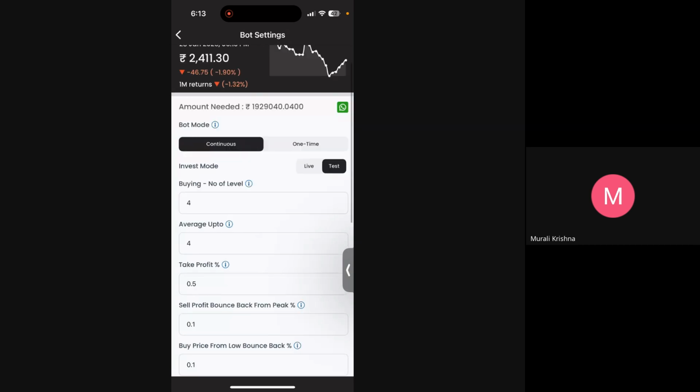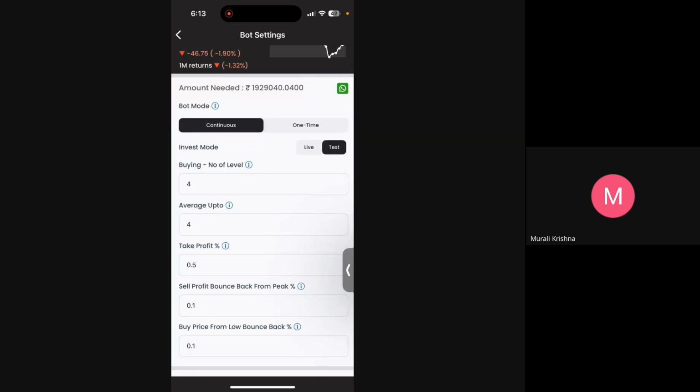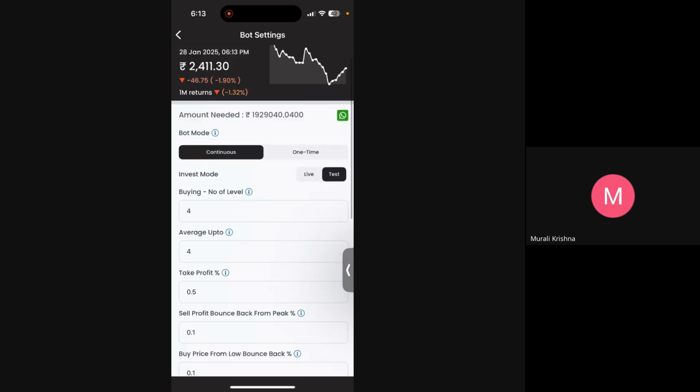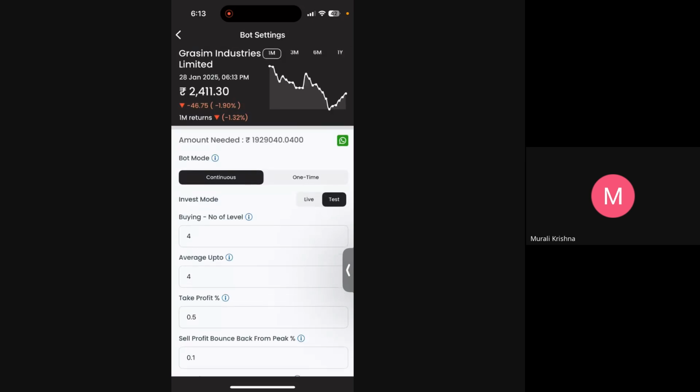Okay, so let's see what is the bot mode. Bot mode, I have kept it as continuous. So you will have two options here. One is continuous and one is one time. With one time, it will buy and sell and make the bot inactive, and only once it is executed it will become inactive.